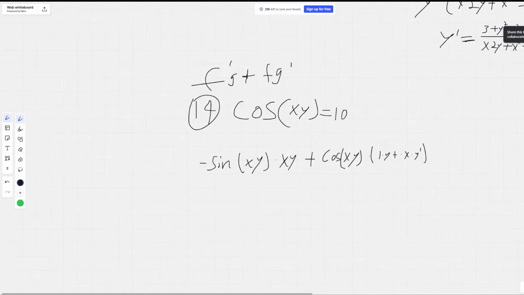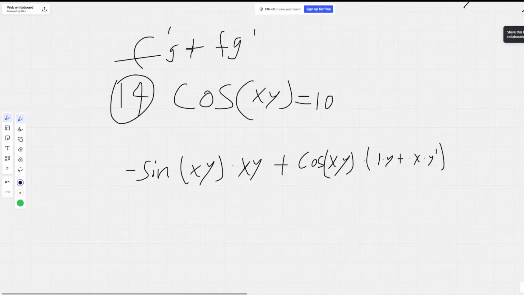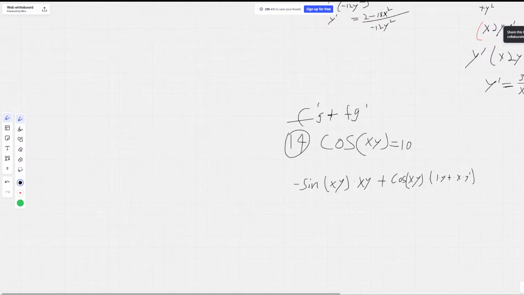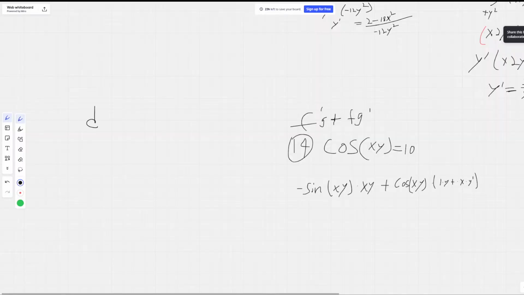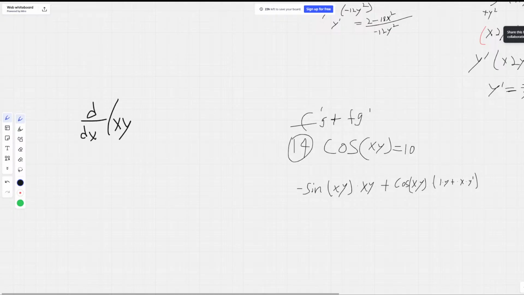Generally, he was saying d over dx of xy equals 1 times y plus x dy over dx.